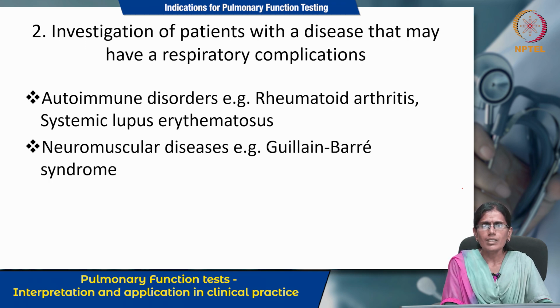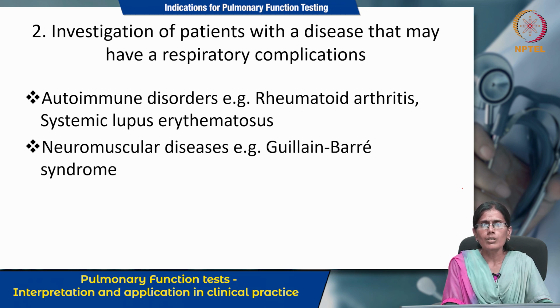This disorder is characterized by weakness of the muscles starting from the lower limb, and this weakness ascends upward, most of the time rapidly, to involve the facial muscles also. While ascending up, this also produces weakness of the respiratory muscles like the diaphragm and abdominal muscles. So you're worried about respiratory muscle fatigue or weakness.